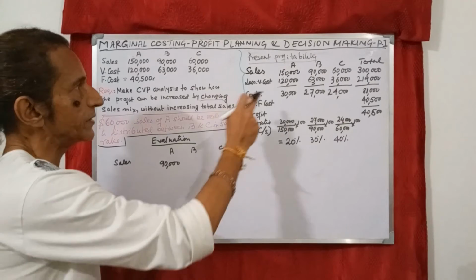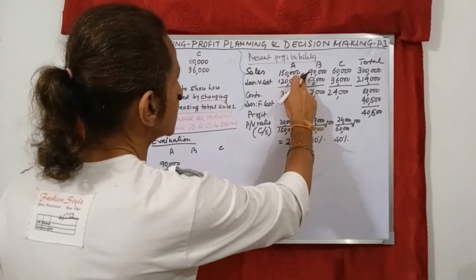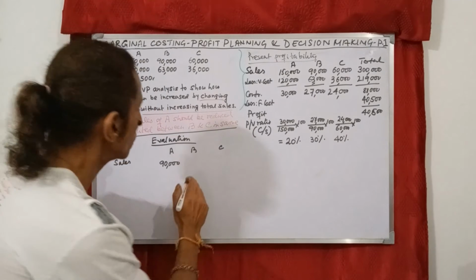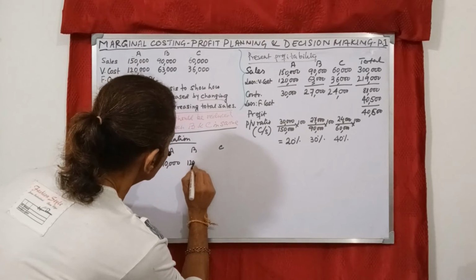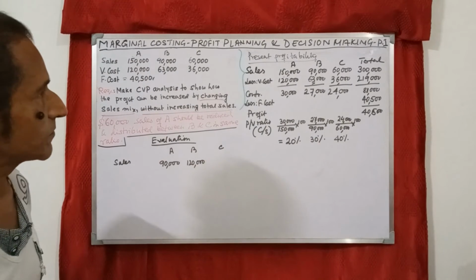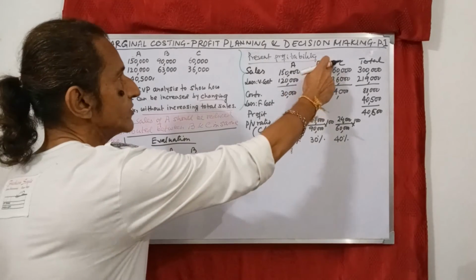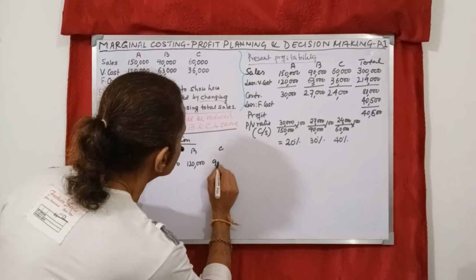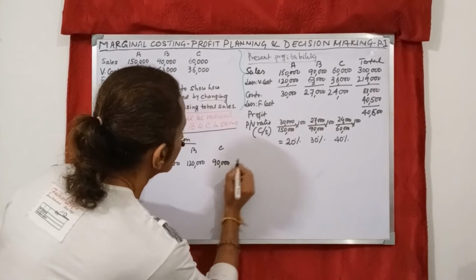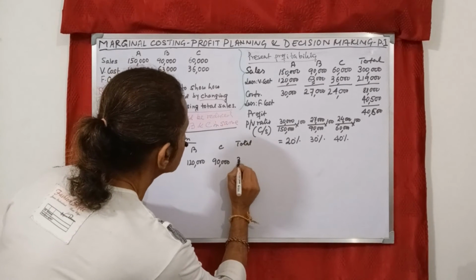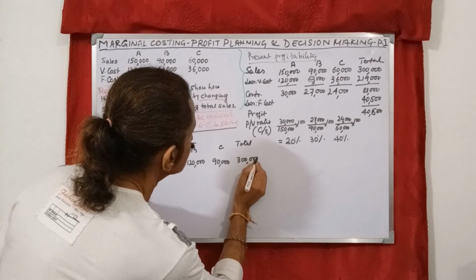Sales of product B is 90,000 at present, so it will increase by 30,000, so it will become 120,000. In the same way, sales of C will also increase by 30,000, so it will become 90,000. And total sales will remain at 300,000.